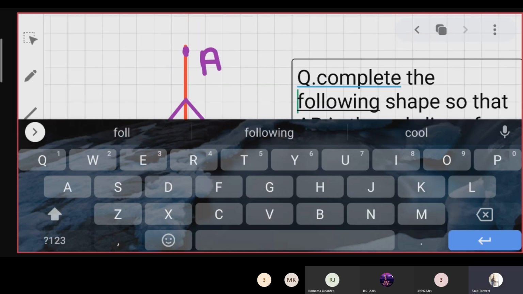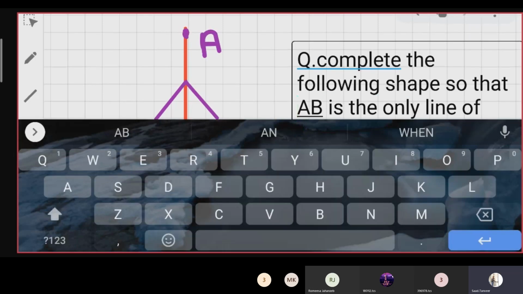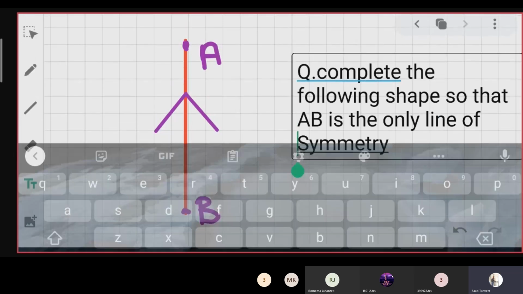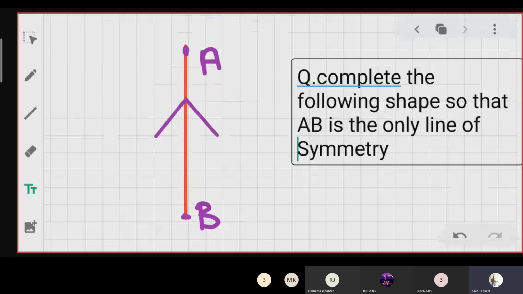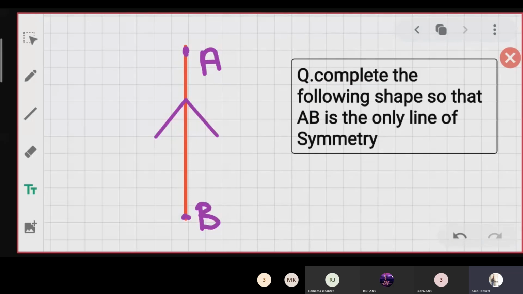Examiner has given you simple condition. They are asking you to complete the following shape so that AB is the only line of symmetry. कि इस condition में the only line of symmetry for the following shape will be AB.